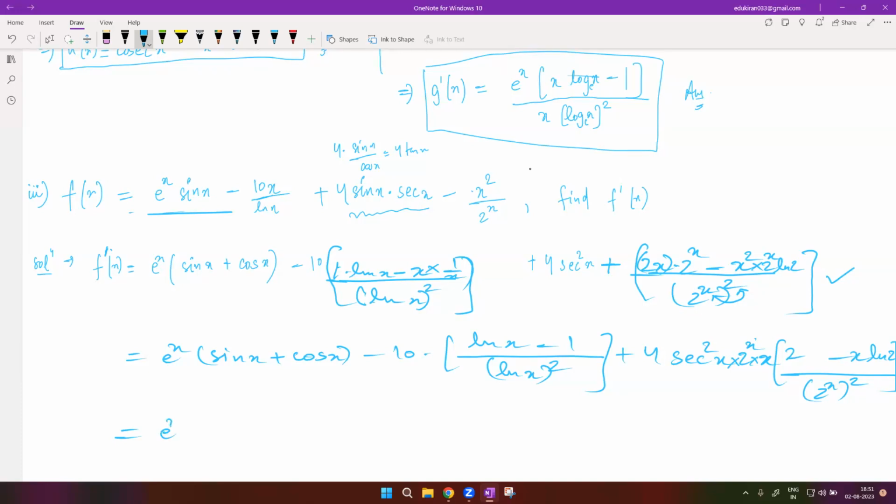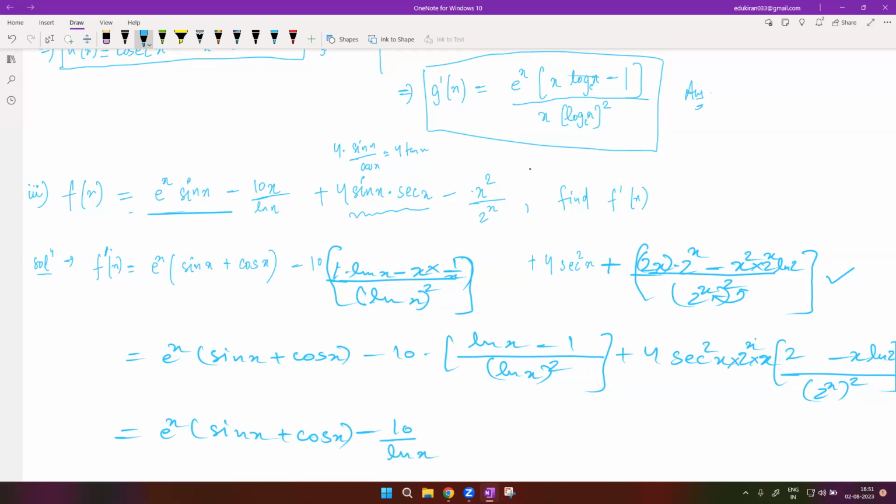So it will be e to the power x (sin x plus cos x). And we can write it in a more fancy way if we distribute (ln x) whole square to both the terms. So if you distribute (ln x) whole square with this ln x, then you will be left with 1 ln x in the denominator. So this will be something like this, minus 10 upon ln x.